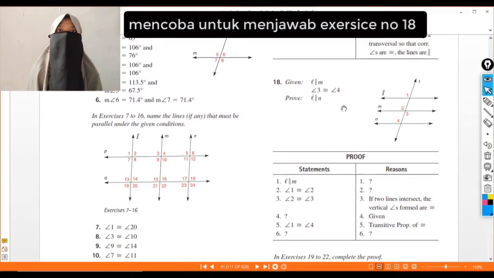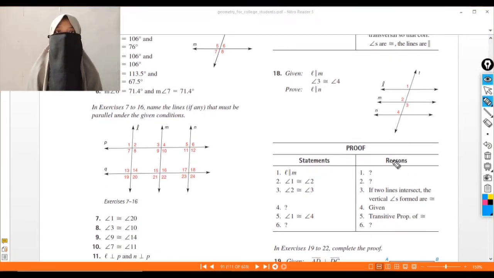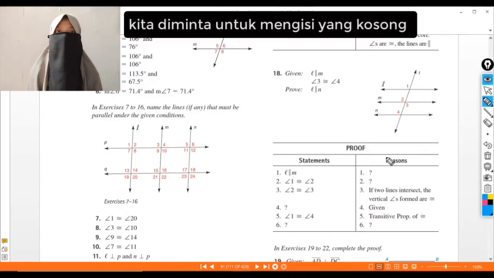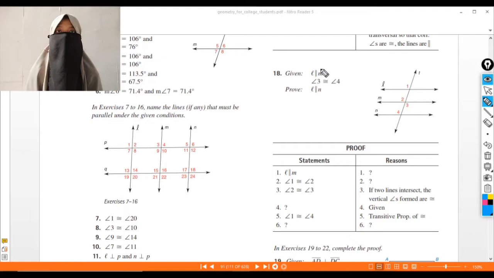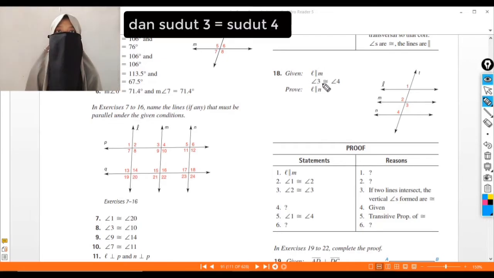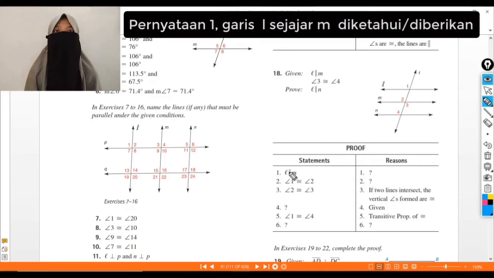Try to answer number 18. We must fill in the blank statements and reasons. I think we are given line L parallel to M, and angle 3, angle N parallel to N. Line L parallel to M are given.